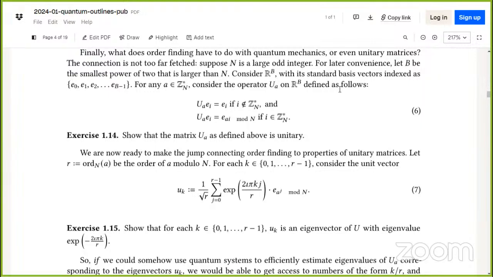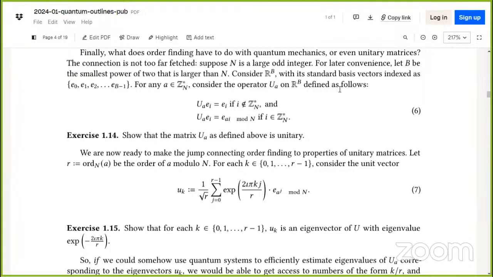So what is the uniform superposition of the U_k's? Yeah, the uniform superposition of the U_k's is just E1, the vector corresponding to the number 1. The simplest way is to think of the unity operation which adds 1 modulo n. So you start with 0, you go to 1. But this is not an eigenvector, it's just a uniform superposition of all the eigenvectors.